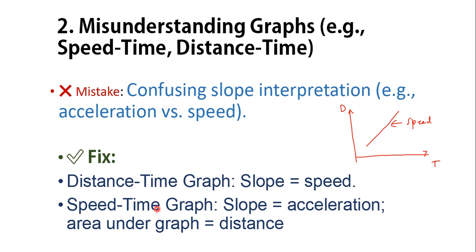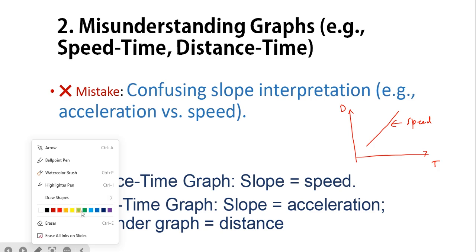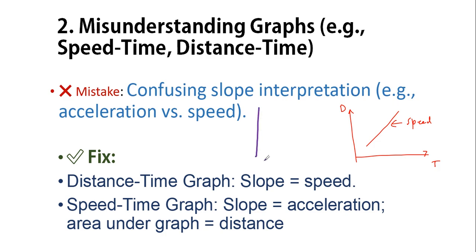And the area under the graph in a speed-time graph is the distance. Suppose I take another example: this is speed and that is time, with a constant speed.